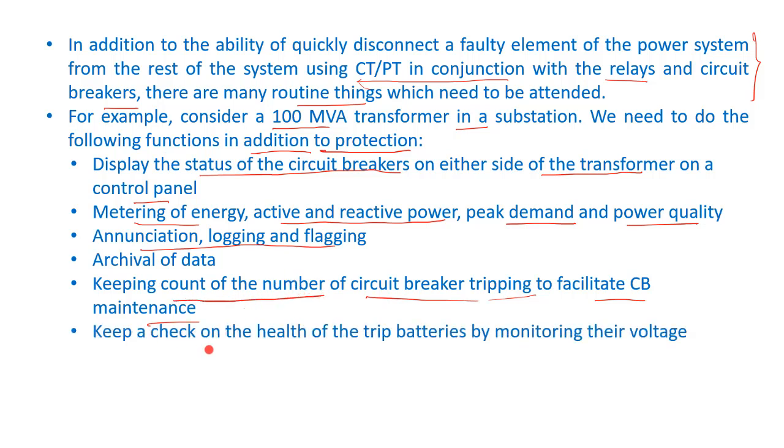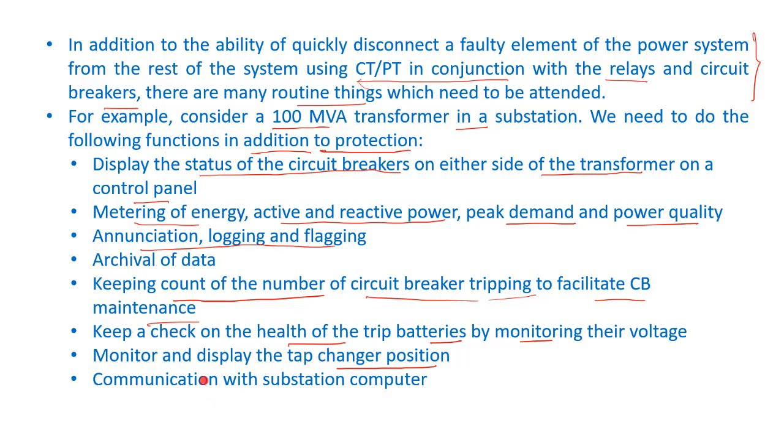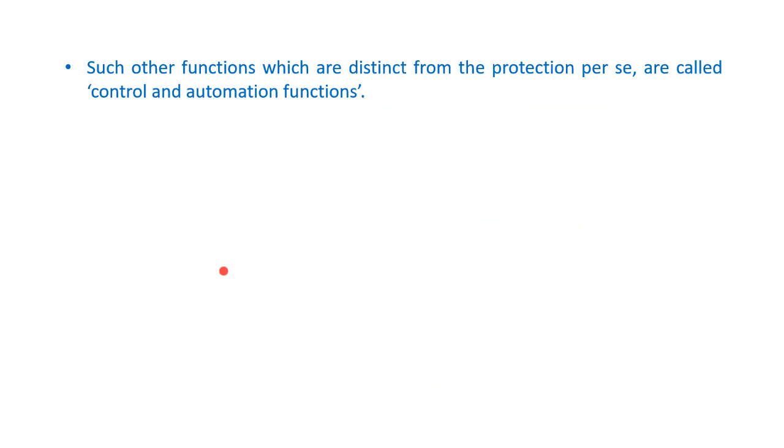Then keep a check on the health of the trip batteries by monitoring their voltage level. Monitor and display the tap changer position, which is always necessary. Then communication with the substation computers, which is also essential in order to send the data from different points.